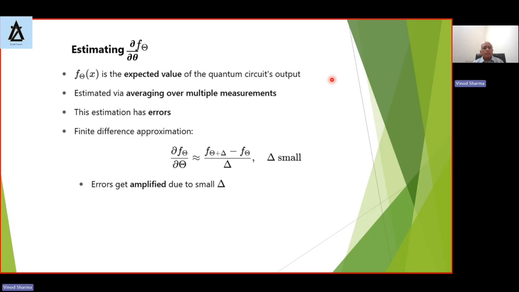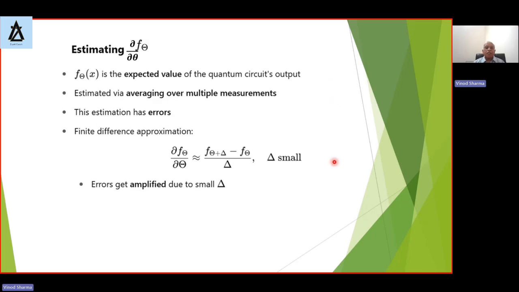Remember, in our variational circuit case, f theta(x) is the expected value of the quantum circuit output, and this expected value is computed by taking the average over multiple measurements of the quantum circuit. So this f theta(x) that we get is an expectation. It has errors.